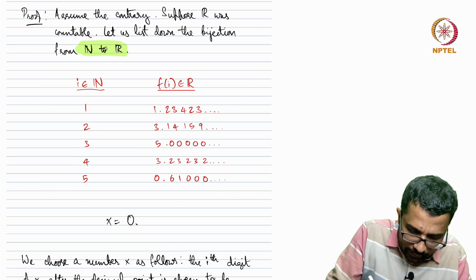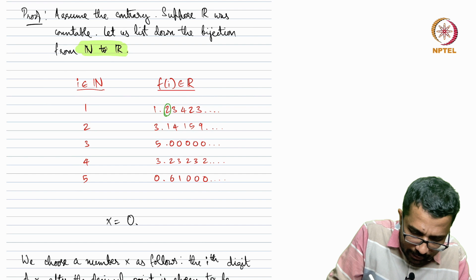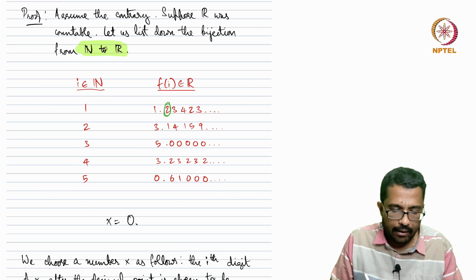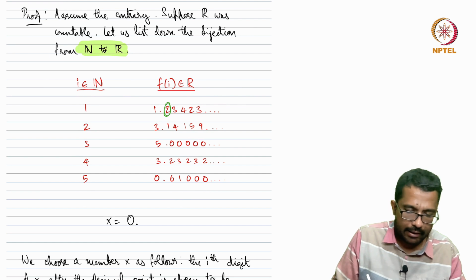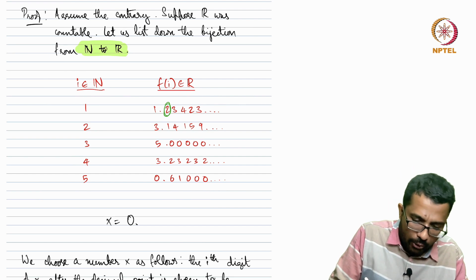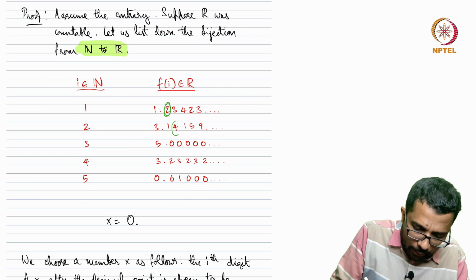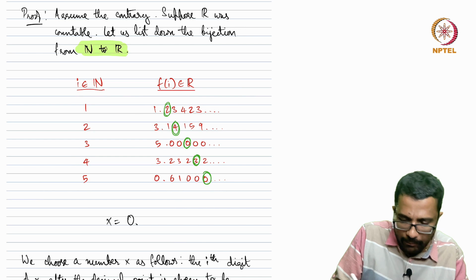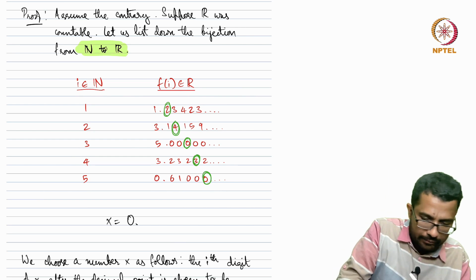Look at the first digit after the decimal point of f1, which is 2. Look at the second digit after the decimal point of f2. Look at the third digit of f3, the fourth digit of f4, the fifth digit of f5, right.